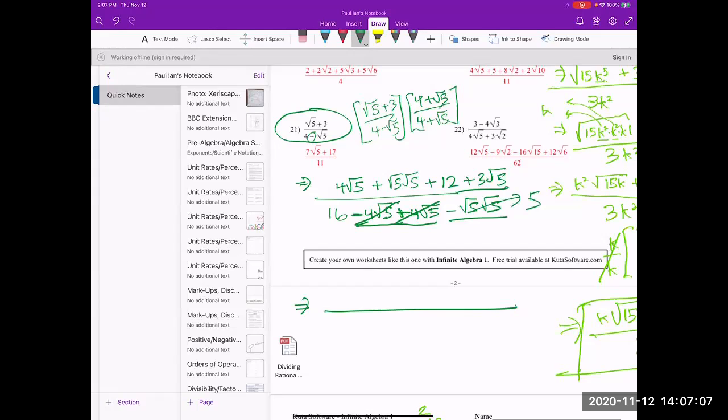So 16 minus 5 is 11. And then the top, this one is just 5. So 12 plus 5 is 17. And 4 root 5 plus 3 root 5 is 7 root 5. There you go. Okay, does that make sense?